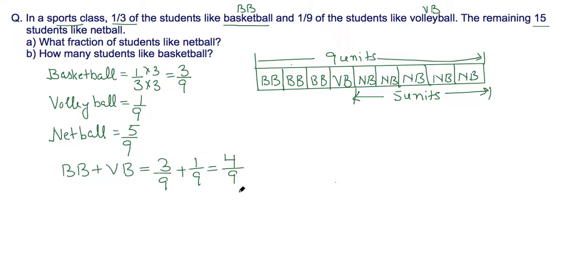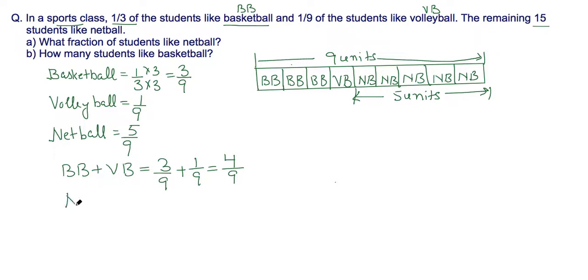This tells me what fraction of students like either basketball or volleyball. You can see it from the model itself: out of 9 units, 4 units of students like basketball or volleyball. So the remaining rest are netball.